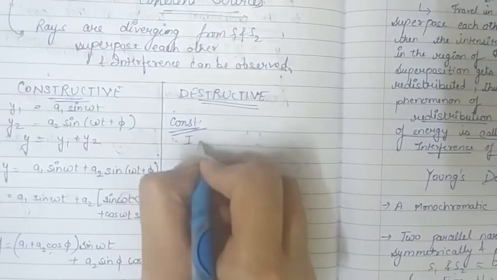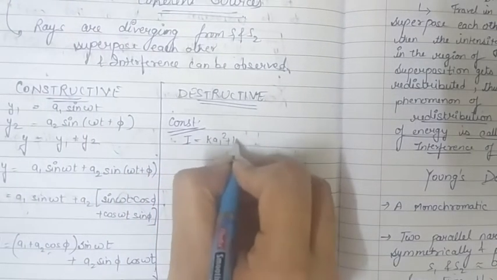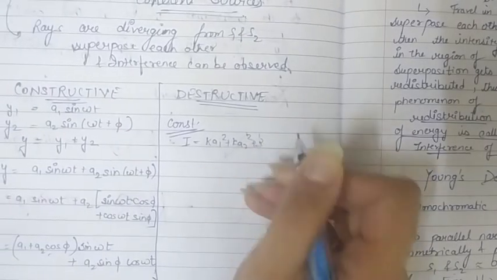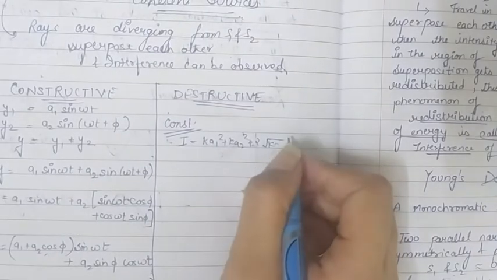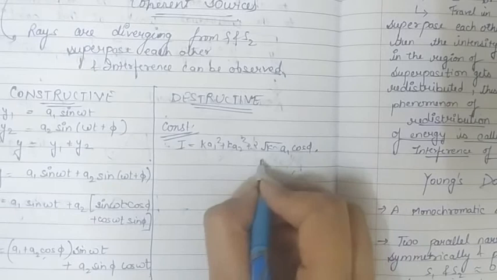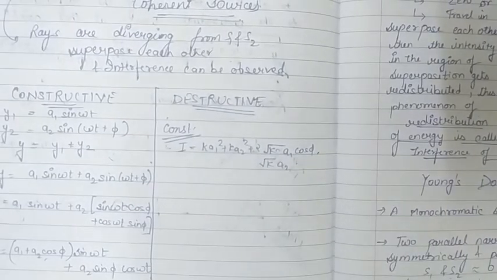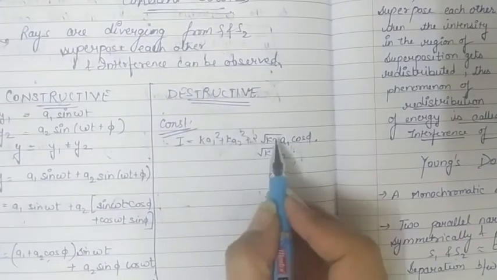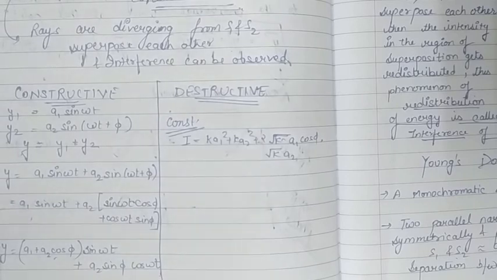I can be written as k a1 square plus k a2 square plus 2 root k a1 into root k a2 into cos phi. This is the equation of intensity.